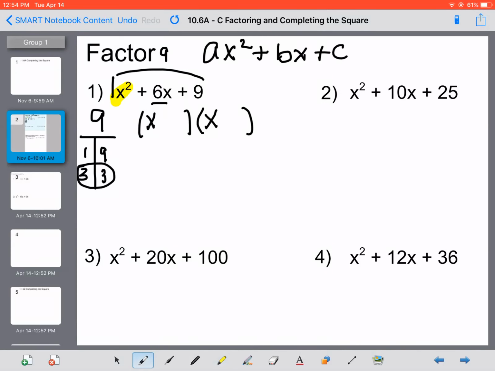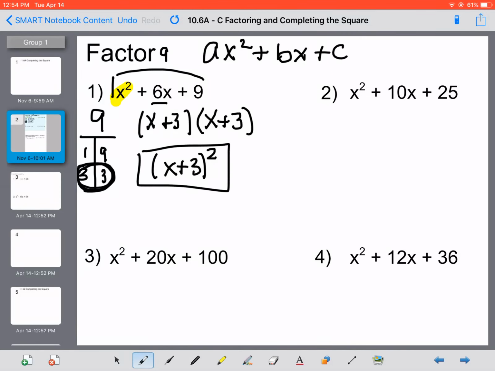So we have our x and our x, and then all you have to do is take your 3 and 3 that you found that multiplied to 9 and added to 6, and put them within your binomials. So this factors to x plus 3 times x plus 3. And notice they're the same. Because they are the same, we could rewrite that as x plus 3 quantity squared. And those are your factors.